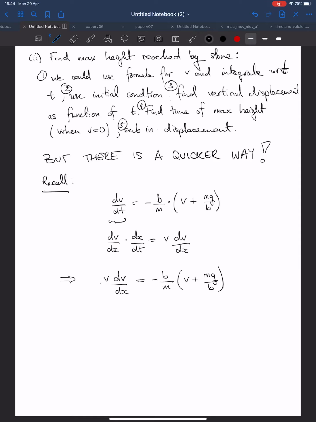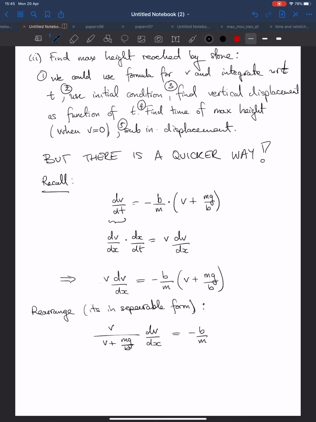Okay, so what do we need to do? Well, again, it's in separable form. We can handle it. So rearrange it so that we get everything with v on the left next to the derivative of v with respect to x, and whatever else is on the right. So we have v over v plus mg over b, dv by dx, equals minus b over m.